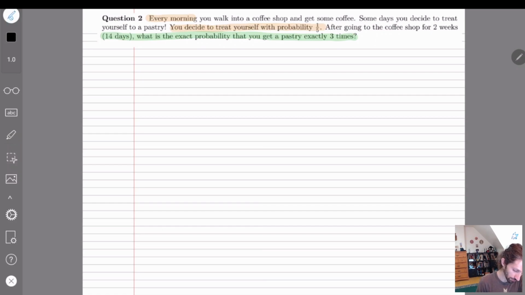So what do we have? We have the probability to treat oneself is 1/5. This is our p. Number of trials, how many times do we try things? This is our n, given by how many times we go.